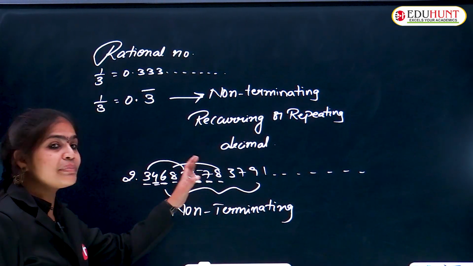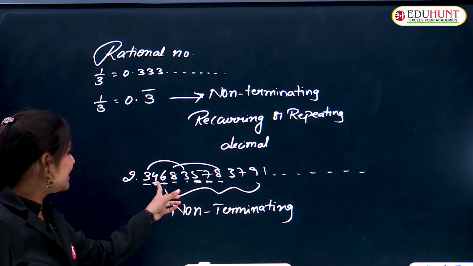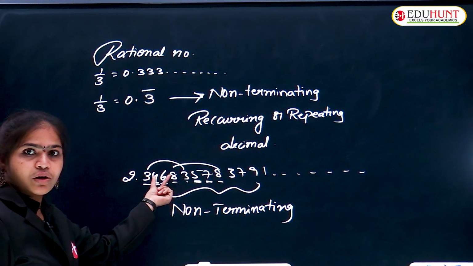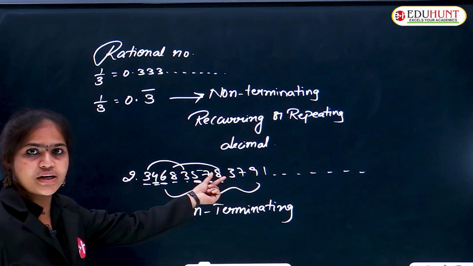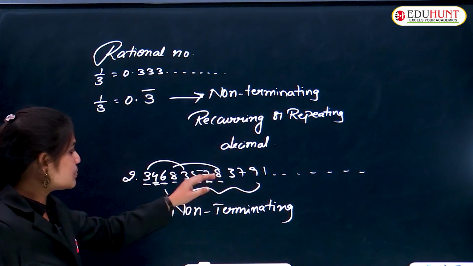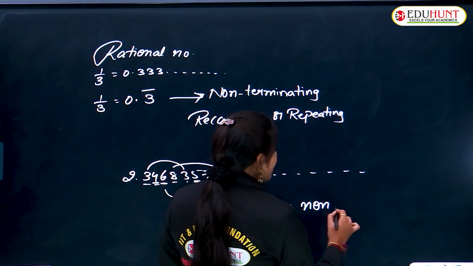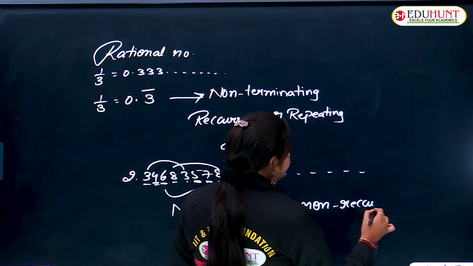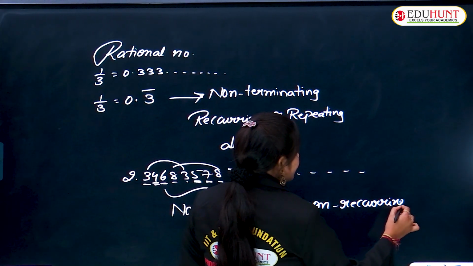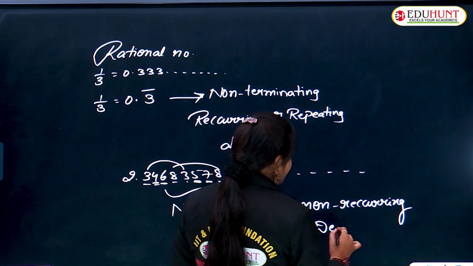There are some gaps, right? Between 3 and 3 we have some gaps. 468 is not in repetition again. That's why this is a non-terminating, non-recurring decimal.